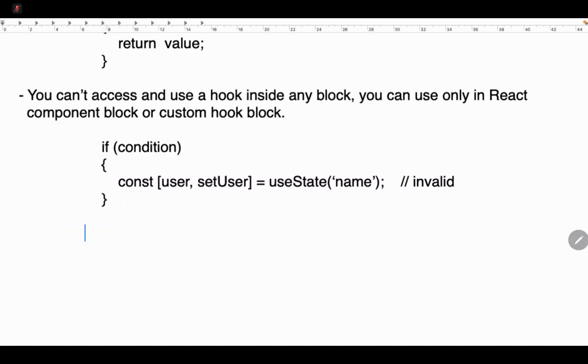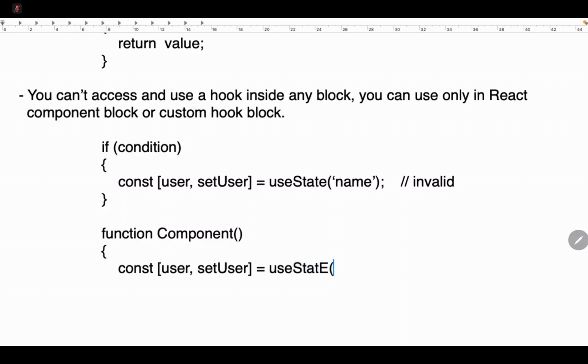So can I access it in a function block? This is a component block now. In a component block, we can access. In a component block, we say constant user, setUser, like this, you define useState, with something you define. So this is valid.